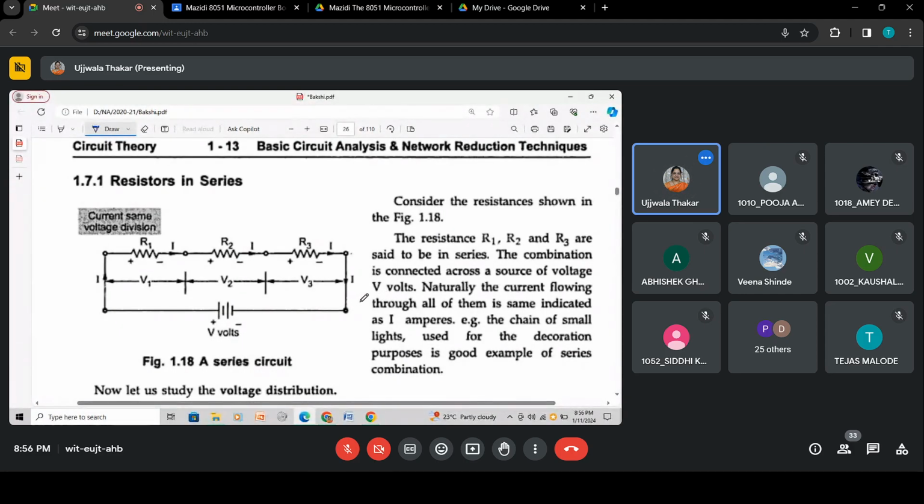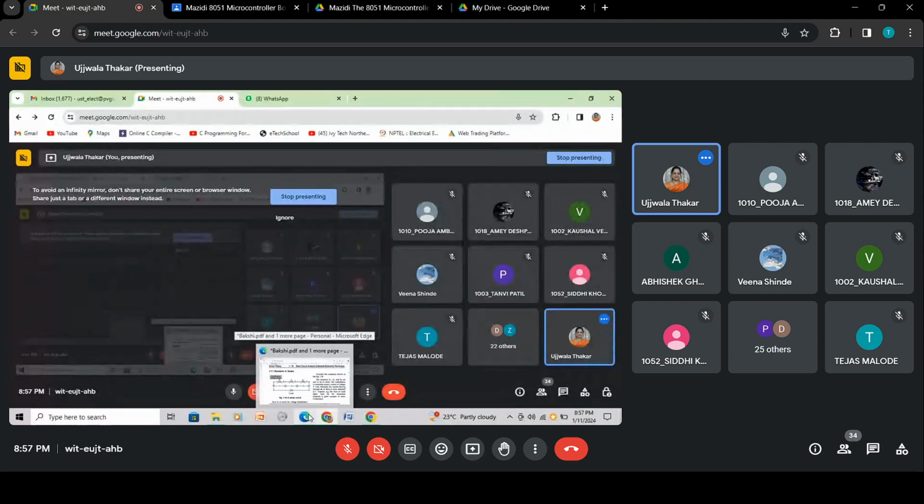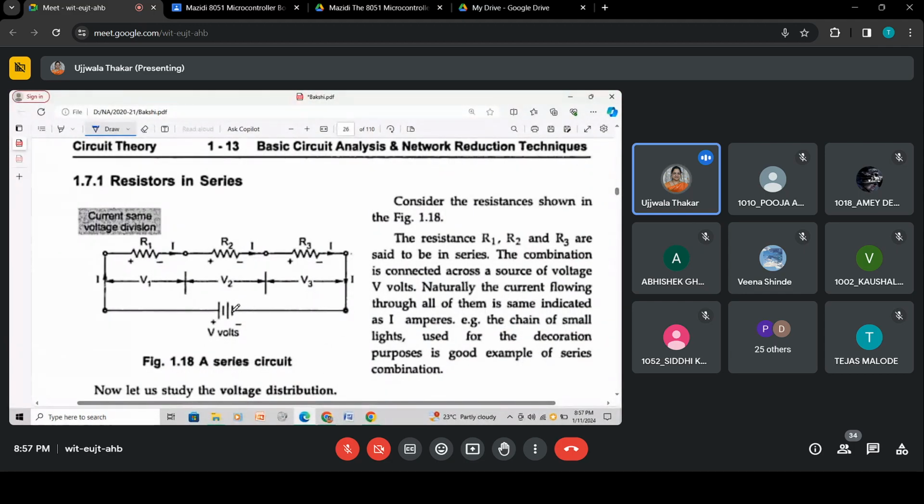I want an answer. This might be the last part. We will stop afterwards. Anybody knows? 34 students are there. What is the total resistance if I connect R1, R2, R3 in series?